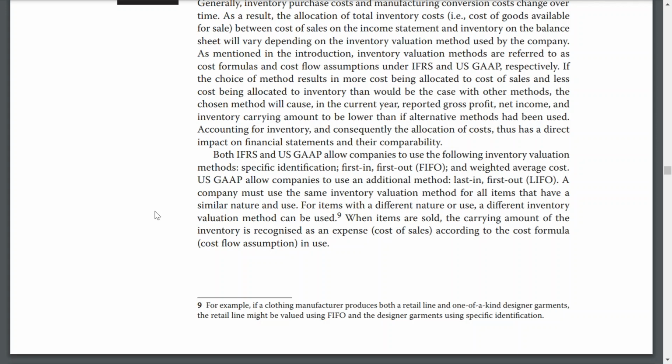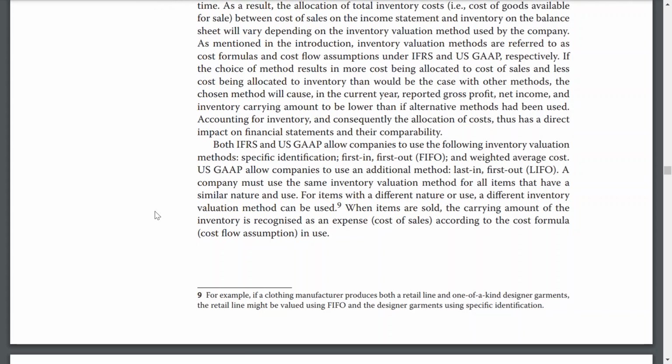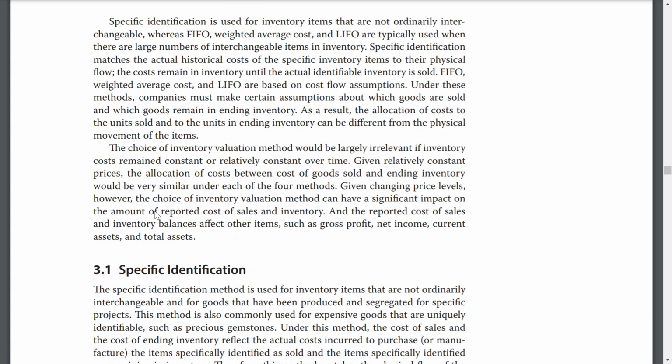For items with different natures or uses, different inventory valuation methods can be used. When items are sold, the carrying amount of the inventory is recognized as an expense according to the cost formula in use. Specific identification is used for inventory items that are not ordinarily interchangeable, whereas FIFO, weighted average cost, and LIFO are typically used when there are large numbers of interchangeable items in inventory.